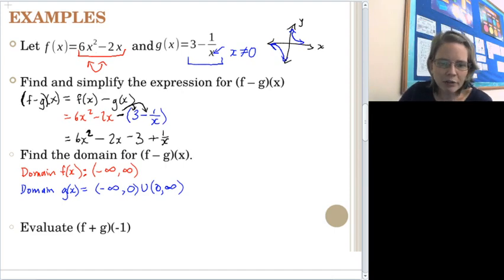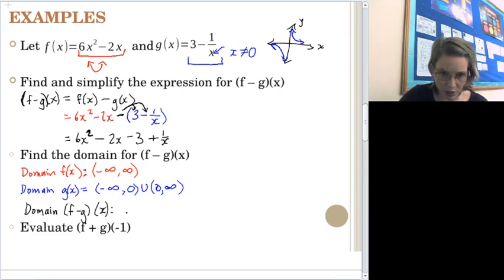So the domain for f minus g, we have to combine these two together. Well, f didn't have any restrictions, and g jumped over 0. So that means if we want to be able to go for f minus g, we also have to take this jump over 0 into consideration. So the domain of f minus g are all the elements in f that are also in g.